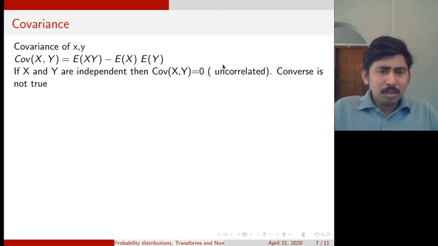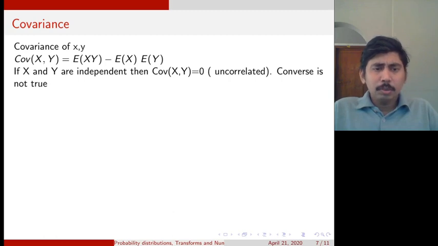You may try an example like that. When the first variable is x and the second variable is x square, take y equal to x square, then calculate covariance of x and x square, and you will get 0. But we all know that x is not independent of x square.